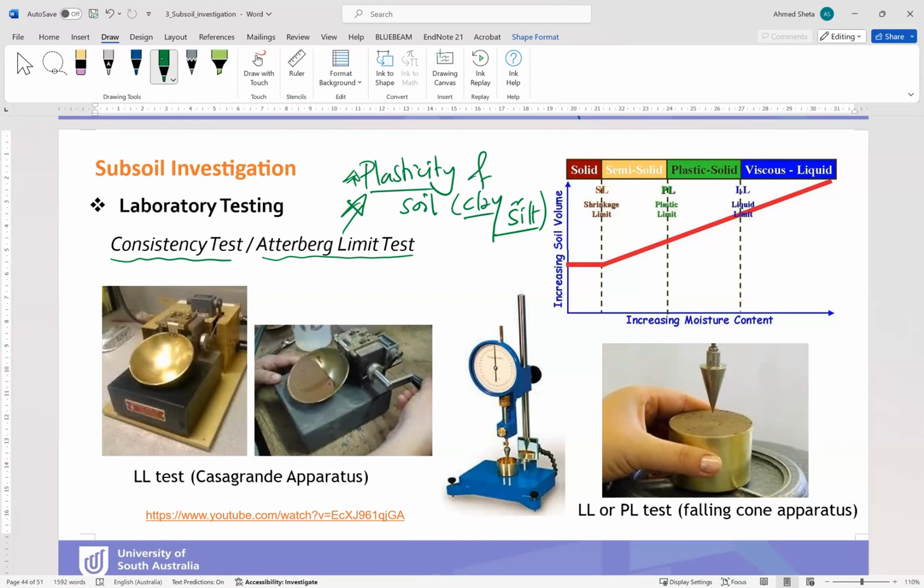Okay, so if we look at this diagram or this chart, the soil at the original state is solid.